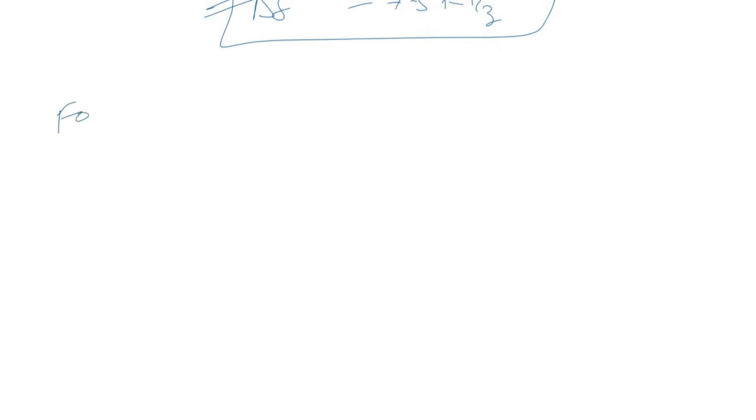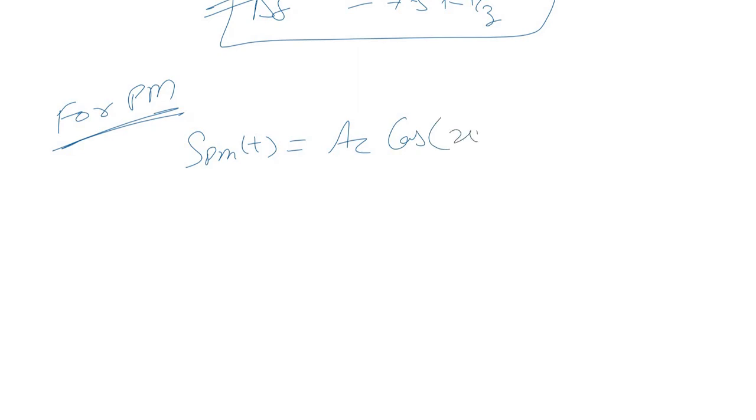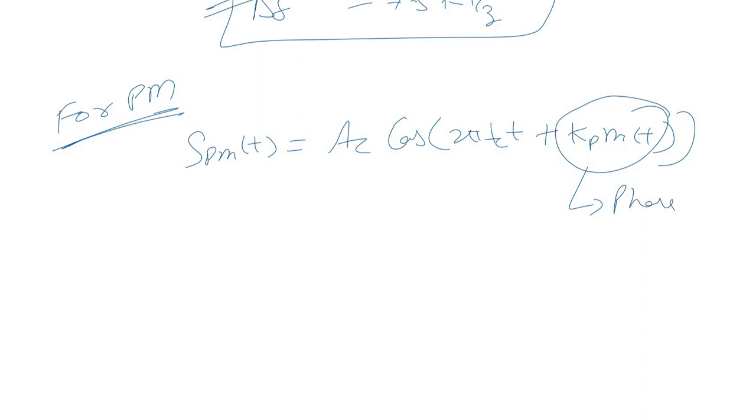Similarly, we can find the maximum phase deviation. For that, we consider the signal to be a phase modulated signal. We know the expression of a phase modulated signal is Ac cos of 2 pi fc t plus kp into m(t), and this kp into m(t) is your phase deviation.